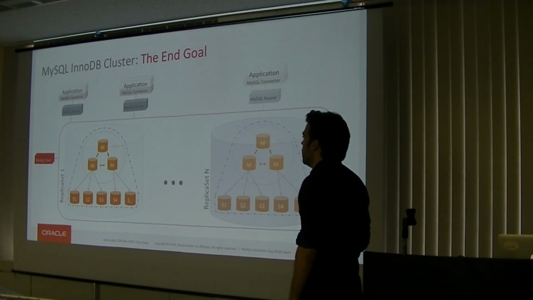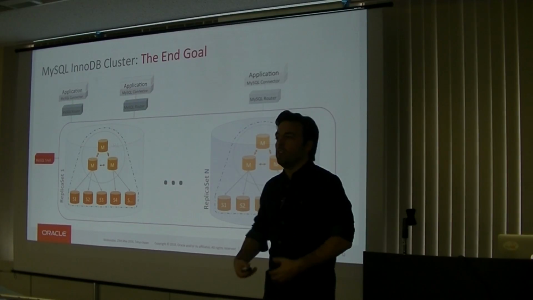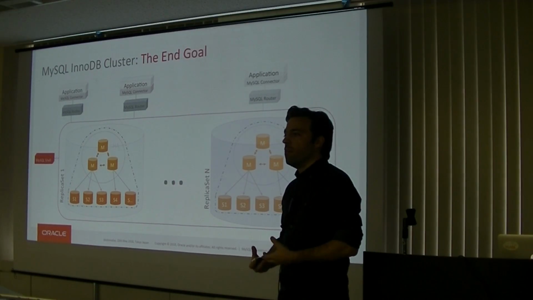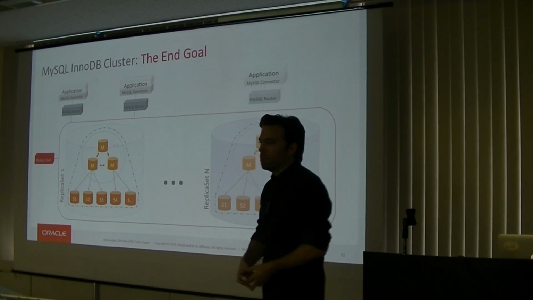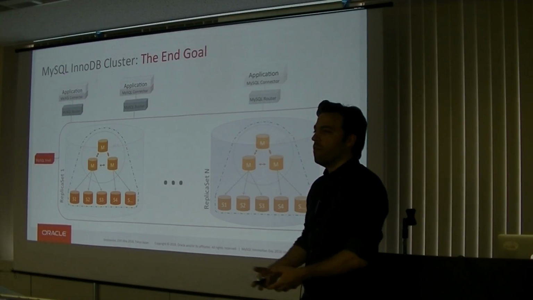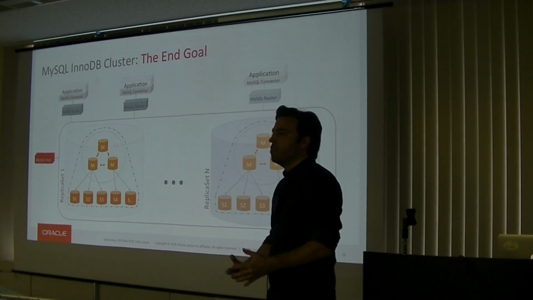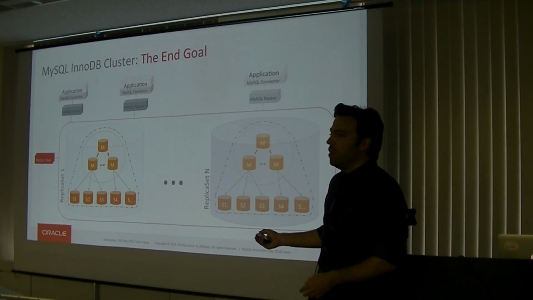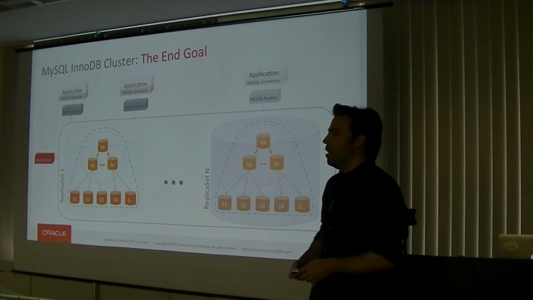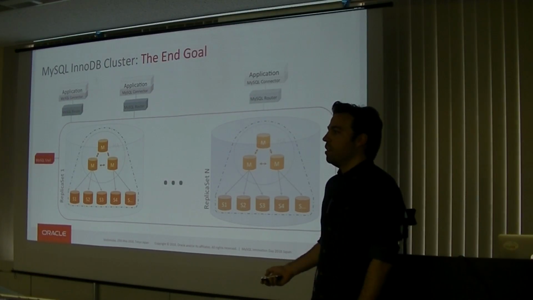And the end goal for all of this is to be able to scale out reads, scale out writes through sharding, and continue to execute on this InnoDB cluster story where we utilize one of the best engineering products at MySQL, which is the InnoDB storage engine, together with one of the more advanced pieces of technology that we have, which is group replication, and bring this all together to implement a fully scale-out for writes and scale-out for reads system, while at the same time achieving a highly available, truly dependable MySQL database service.